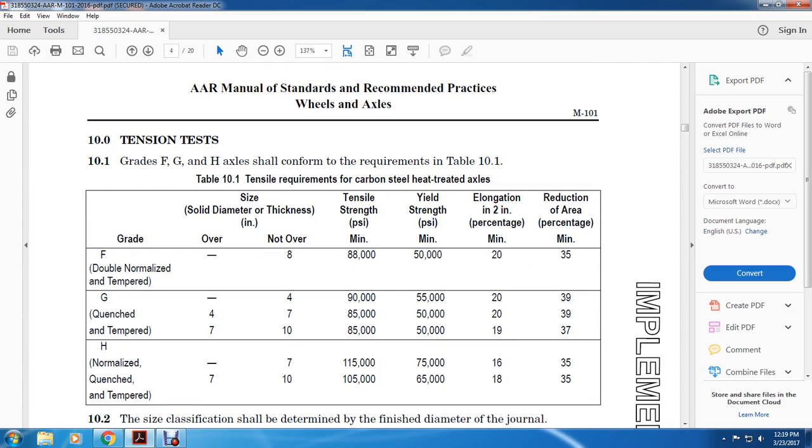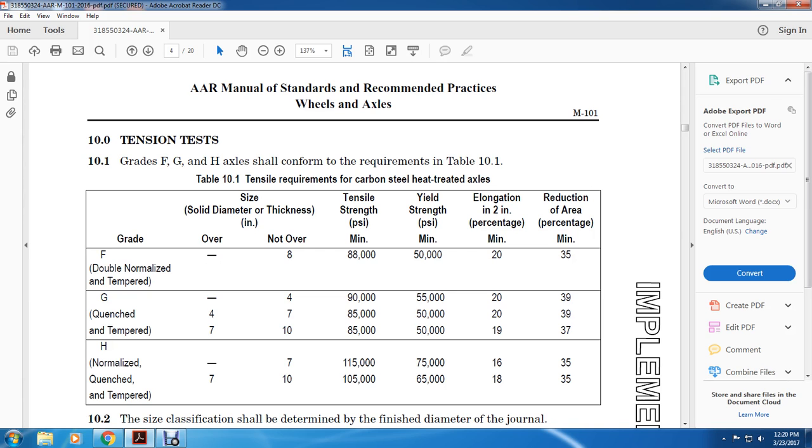10. Tension test. Grade F, G, and H axles shall conform with the requirements of Table 10.1. Table 10.1, tensile requirements for carbon steel heat treated axles. Grade F, double normalized, size not over 8 inches, tensile strength 88,000 psi minimum, yield strength 50,000 psi, elongation in 2 inches minimum 20%, reduction of area percentage 35.